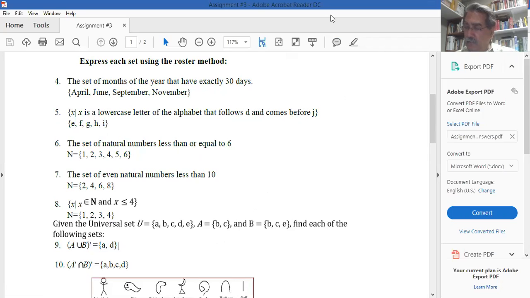So first you need to find the union of A and B and then take the prime to find what you're talking about. For the second one, for number 10, you want the complement of A, not A, intersection with B, then take the prime of that whole intersection, okay? I will explain how it works. Just for a moment, let me go to another share screen.